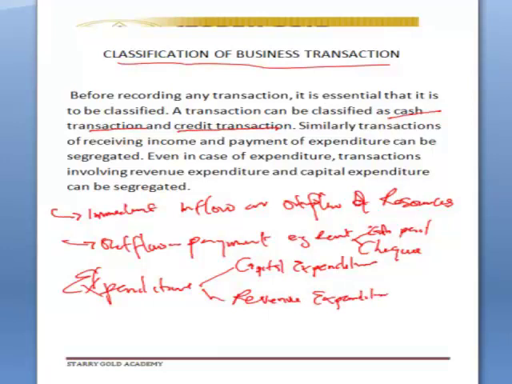A capital expenditure is one in which a large sum of money is involved, and this large sum of money is engaged in the acquisition of an asset that will be used in the course of the ordinary business.